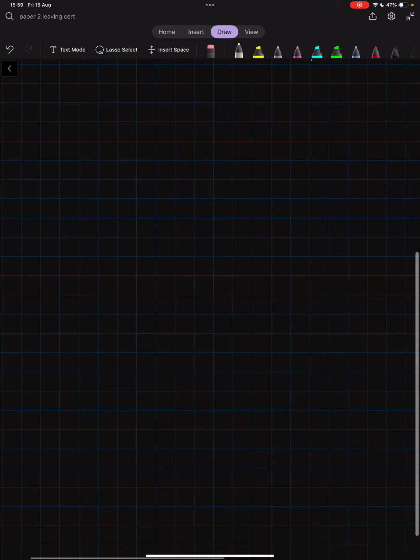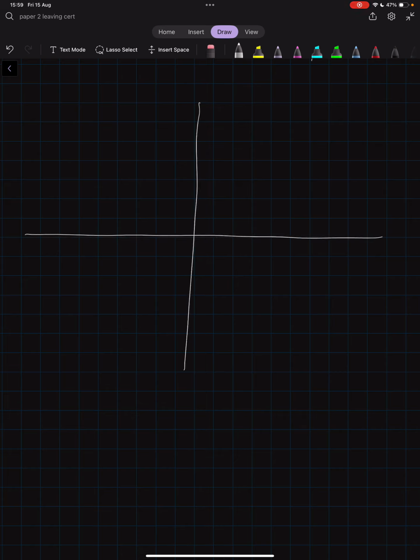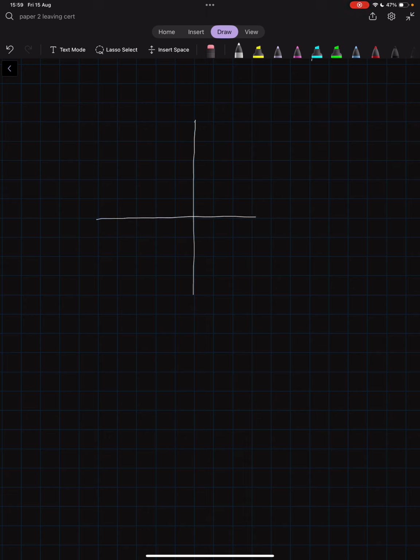You have axial symmetry, which is when you have your x and your y axis, and let's say you put maybe the letter F here. I'll do this as best I can. Let's say I want to do the letter F like this, and I want to do axial symmetry like this.